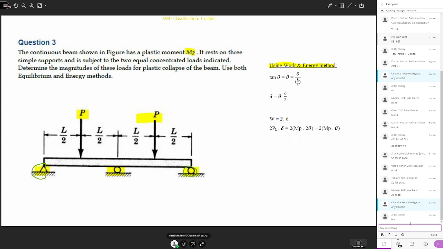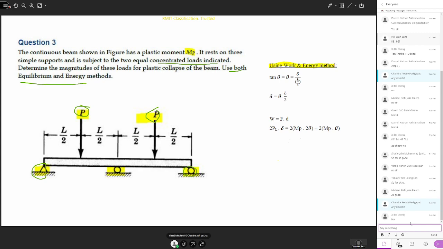So it rests on 3 simple supports and is subjected to 2 equal concentrated loads as indicated. So these are the 2 concentrated loads. You're asked to determine the magnitude of these loads for plastic collapse of the beam. You're asked to use both equilibrium and energy methods here.